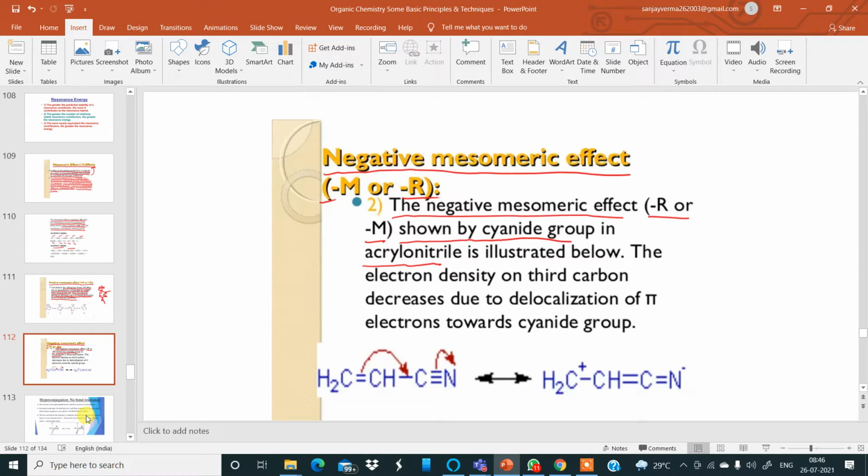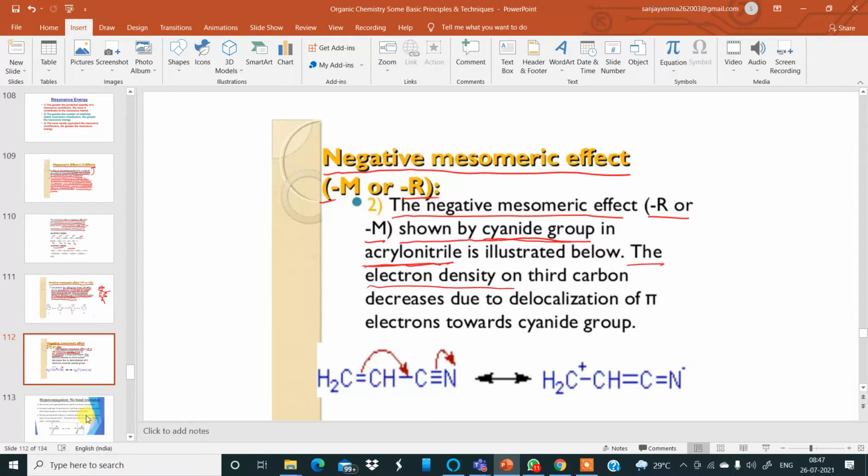Acrylonitrile is a compound which is used in adhesive bonding, bonding tiles or bonding plastics and all. This compound acrylonitrile is used. Okay, now that is coming under industrial chemistry, but here the cyanide group present in this compound acrylonitrile shows a negative mesomeric effect.